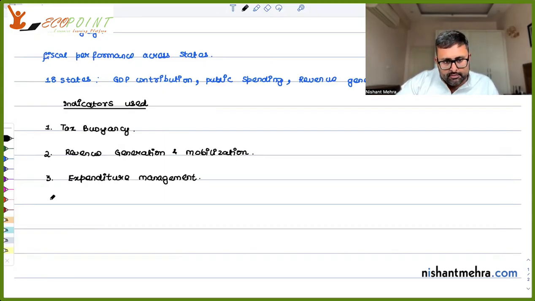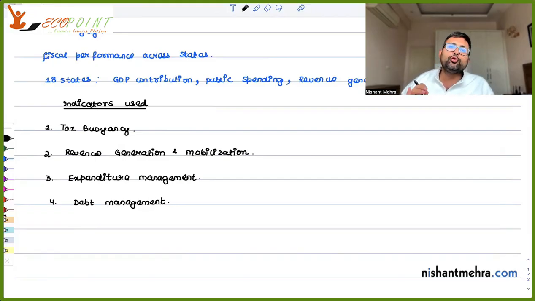Then debt management. Debt management would mean that it is going to assess what the debt to state GDP ratio is. Whatever debt a particular state has taken, and what is the GDP which has been created in that state.